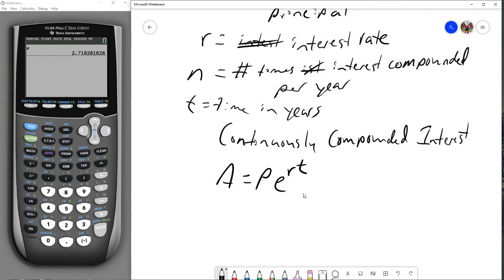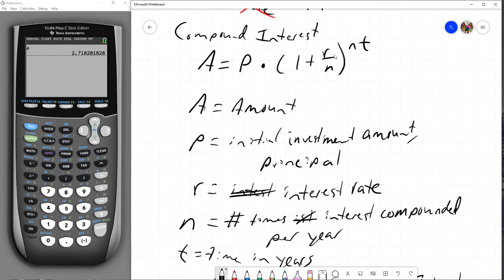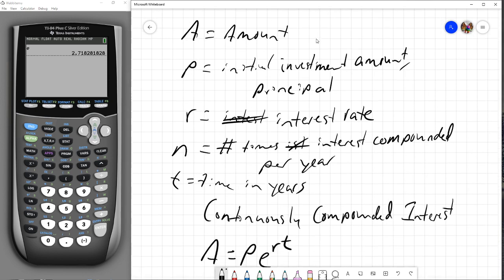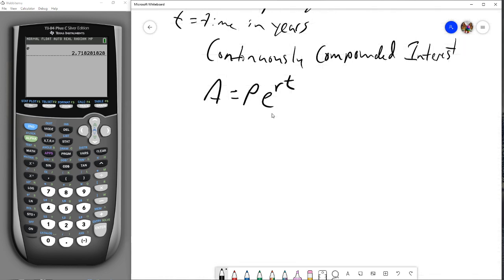All the stuff in the middle, the 1 plus r over n and the n out here in the exponent, got condensed into our Euler's number, e. If you want to revisit, we do have that video called Discovering e that shows how we came across Euler's number using the compound interest formula.